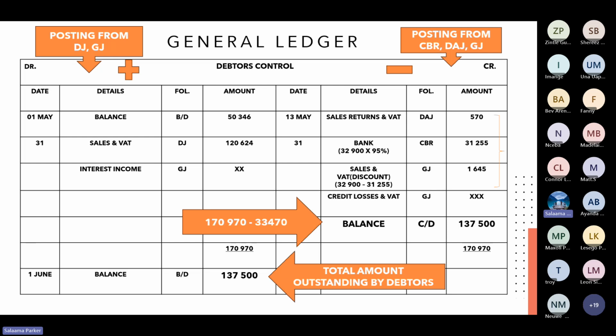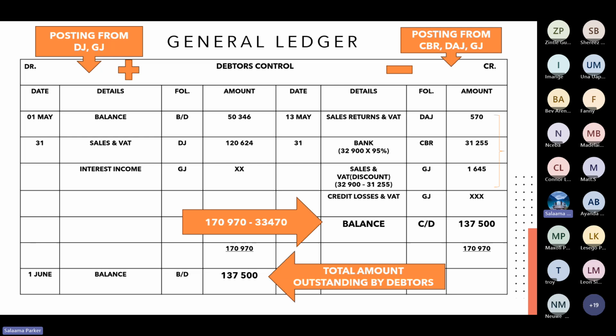Then we also have some debtors whose accounts go in arrears and we have to charge them interest, so that impacts their balances. And then we also have a scenario where some of our debtors we have to write off as irrecoverable. All of these transactions impact how much will be outstanding by your debtors.